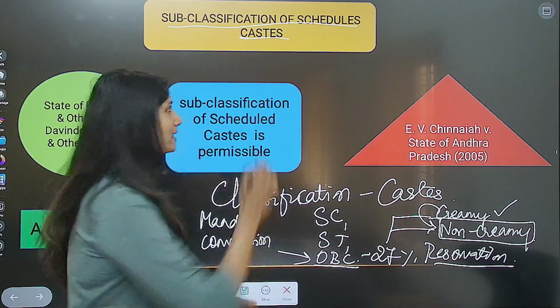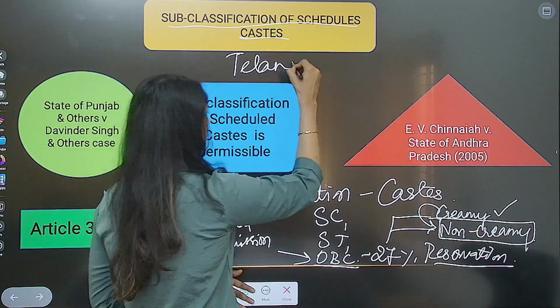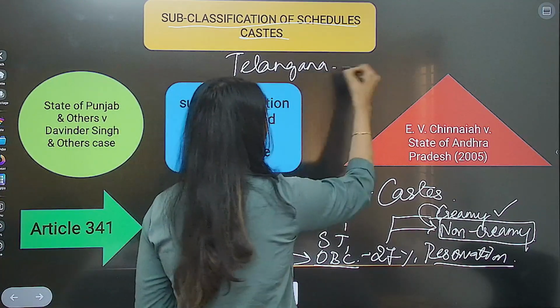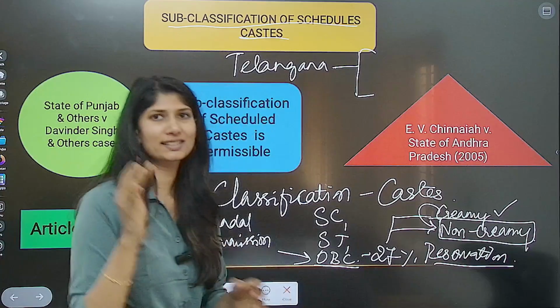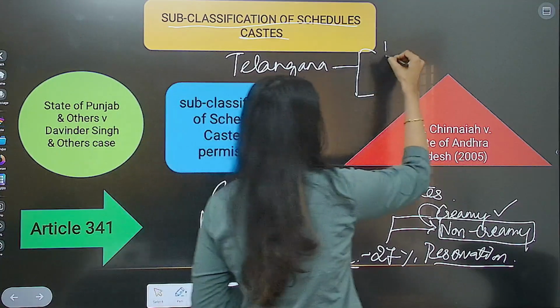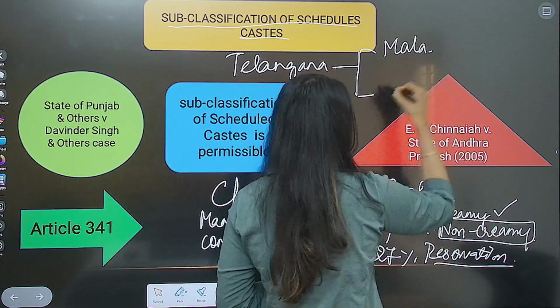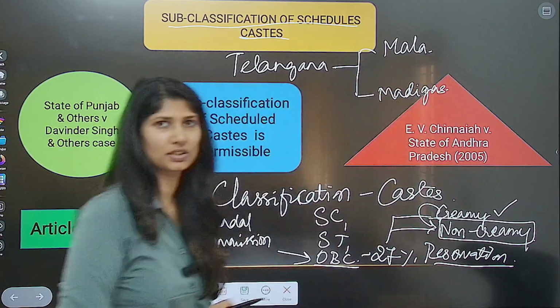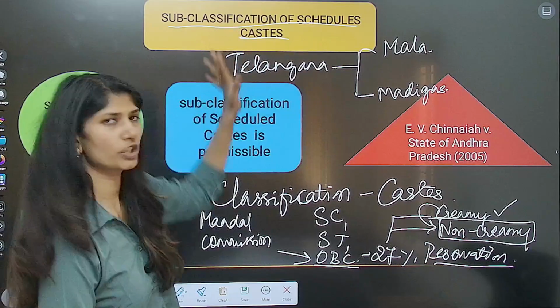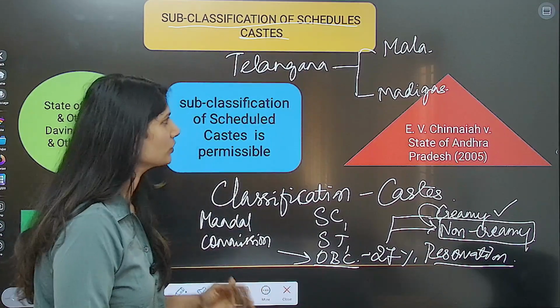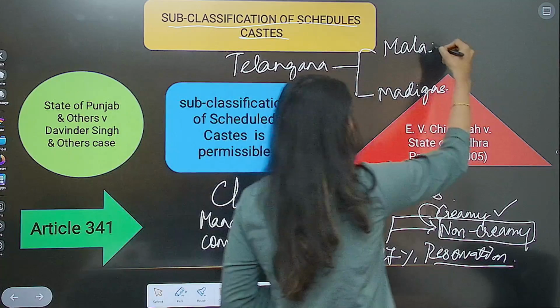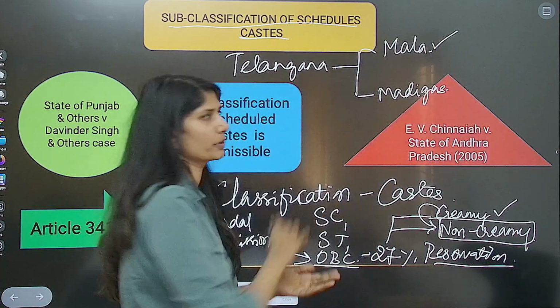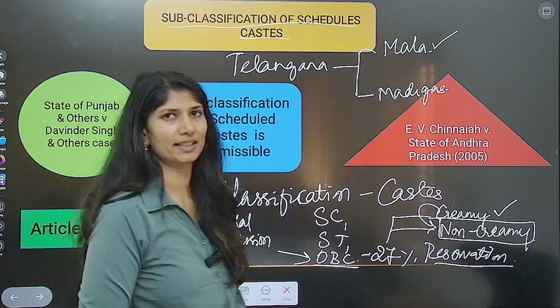But let's take one example. For example, in Telangana, in scheduled caste itself, let's take two communities, Malas and Madigas. Both of them are from the scheduled caste only. But if you see, one section is more dominant compared to the Madigas.